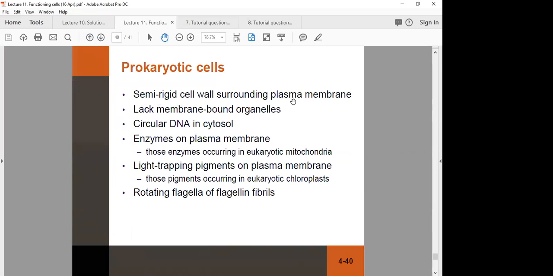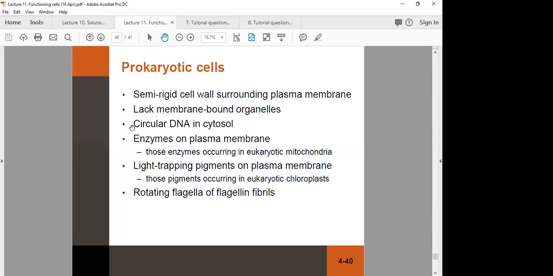So this cell wall is to the outside, of course, of the plasma membrane. Prokaryotic cells lack membrane-bound organelles. So they don't have a nucleus, they don't have endoplasmic reticulum, Golgi apparatus, lysosomes, and so on. They do contain other structures, but not membrane-enclosed structures.